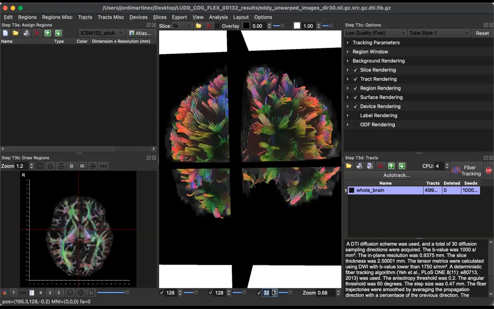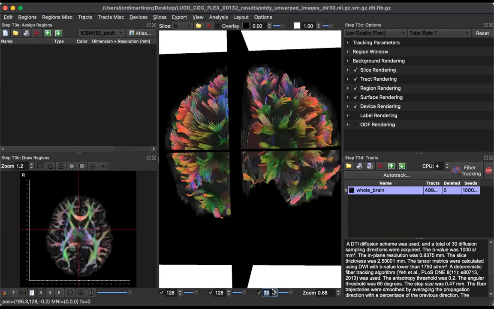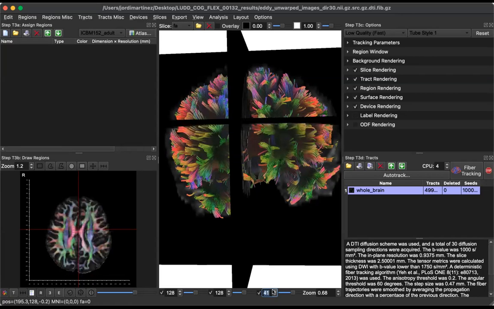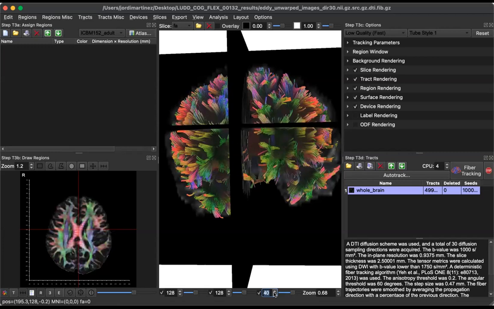They're coming in. I thought blue was inferior, blue is inferior-superior, so that's the corticospinal tract, just coming to the midbrain.